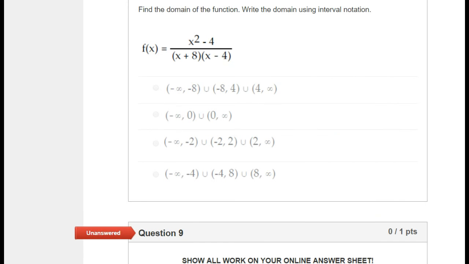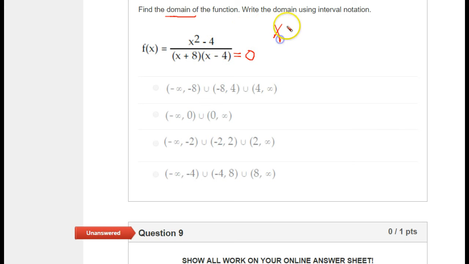Now, in this one, as you look at the example, the only thing they want you to do is to find the domain. We find the domain by looking at our denominator and determining what values of x in our denominator would make it 0. Well, we just set the denominator equal to 0. You could write it out over here.